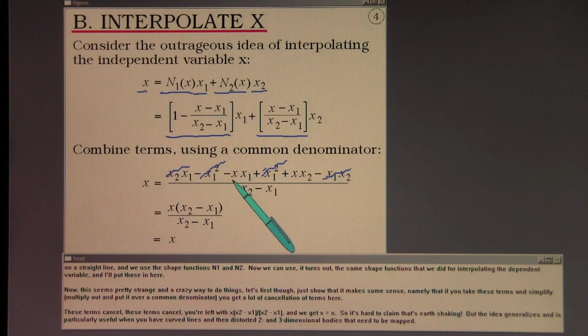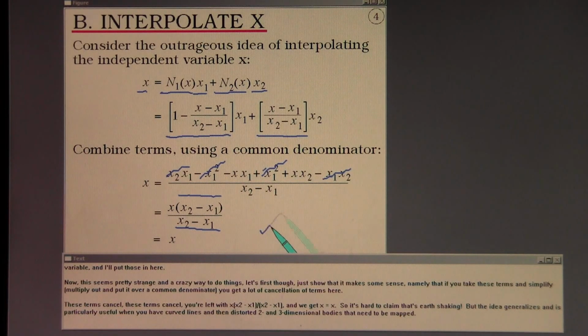You're left with x times x2 minus x1 over x2 minus x1, and ta-da, we get x equals x. So it's hard to claim that's earth-shaking, but the idea generalizes and is particularly useful when you have curved lines and then distorted 2- and 3-dimensional bodies that need to be mapped.